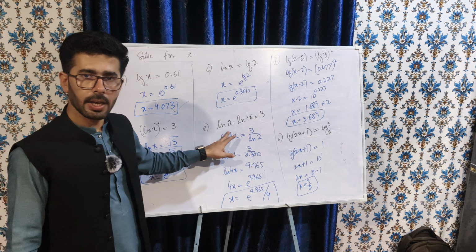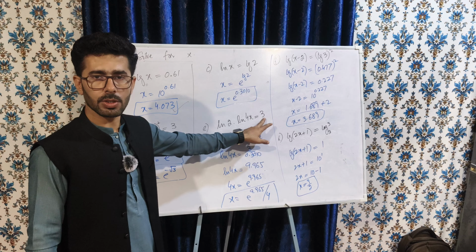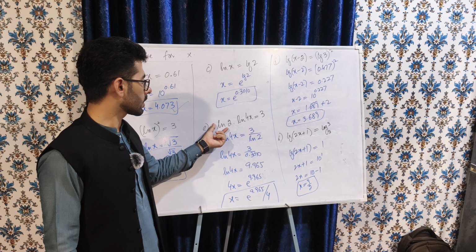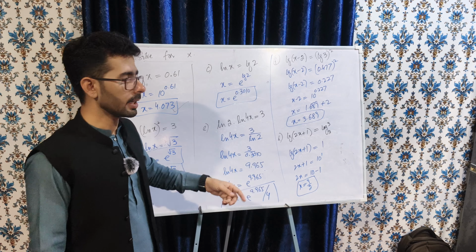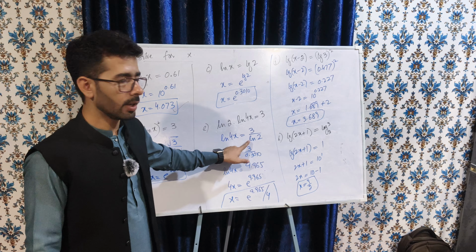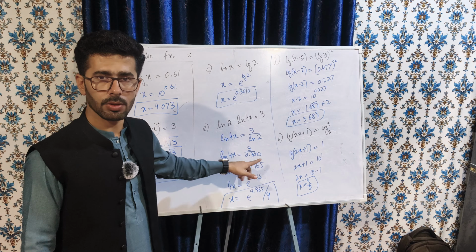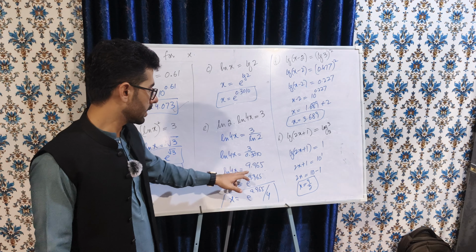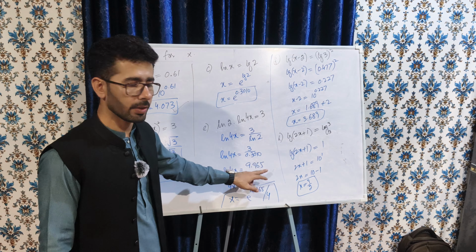Then we have a product of ln 2 with ln 4x equals 3. Ln 2 has a value, right? So I will just divide by ln 2 on the other side. So ln 4x will be equal to 3 divided by ln 2. The value of ln 2 is 0.3010. We know that. So 3 divided by 0.3010 is 9.965.